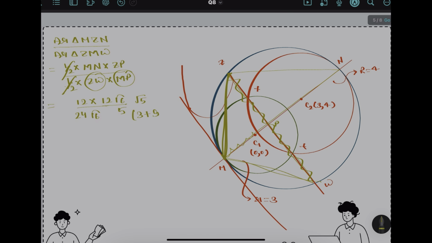Now let's simplify. So root 6 gone, this 2 times, this 6 times. So 6 root 5 upon 5, and then it is 24 and then 5, right? So 5 gone, 4 times, so it is root 5 by 4.